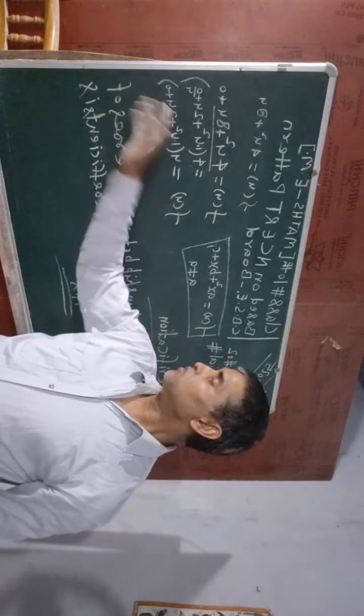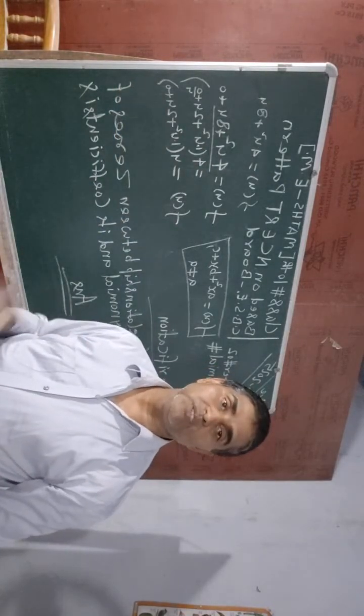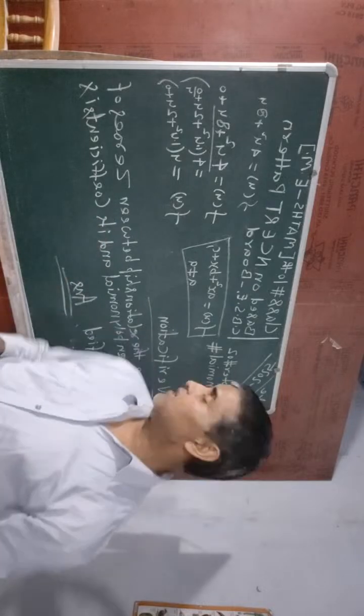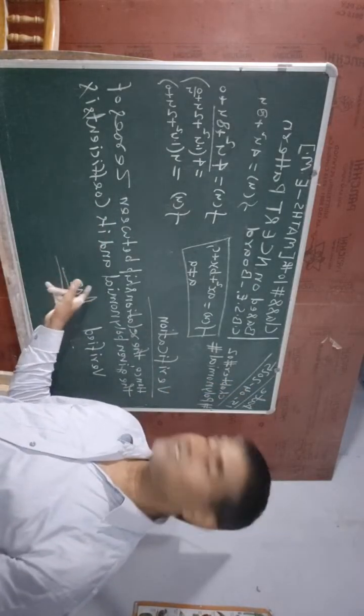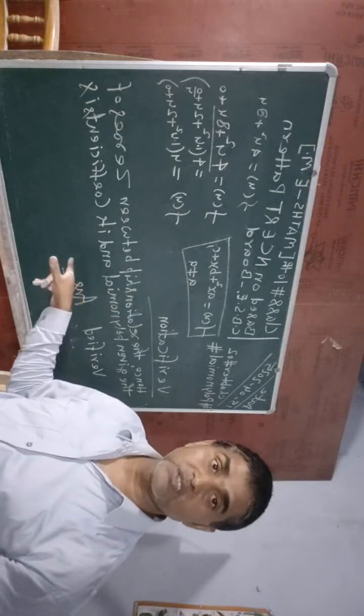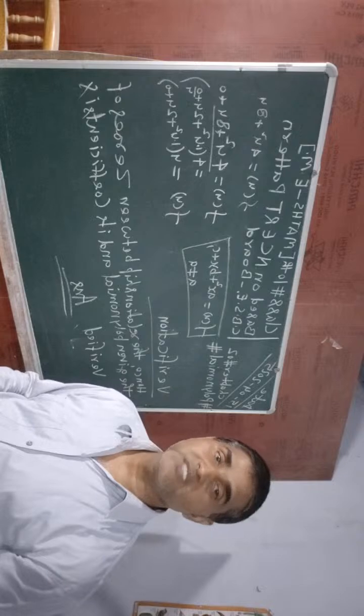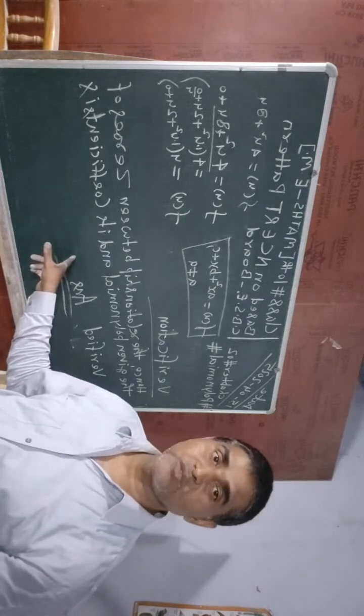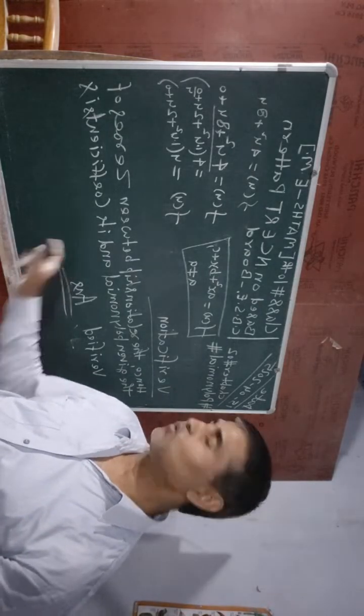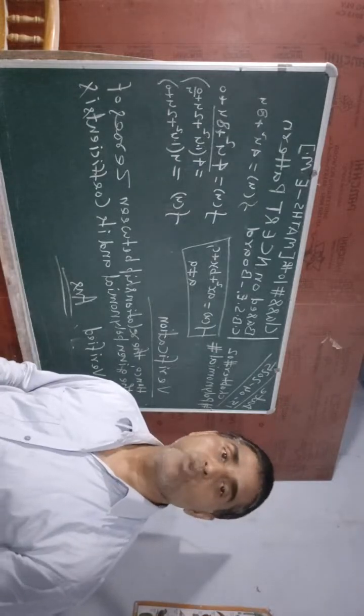Okay students, so you will use the same formula. After using the same formula you will get the same conditions: the sum of the zeros is equal to minus coefficient of x divided by coefficient of x square, and the product of the zeros is equal to constant term divided by coefficient of x square.